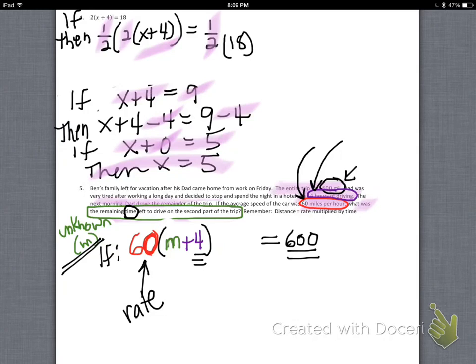I know that. So we have the 60 miles per hour, and the way you're going to find out: speed equals distance divided by time.